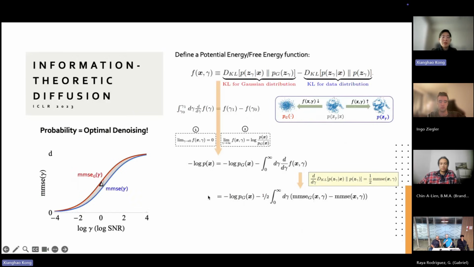To visualize it, there is a diagram. The right-hand side of the formula can be regarded as the difference of two curves. The upper one, the red one, is the Gaussian MMSE curve, where the variable goes through a Gaussian channel. The blue curve is the MMSE curve for the data distribution.